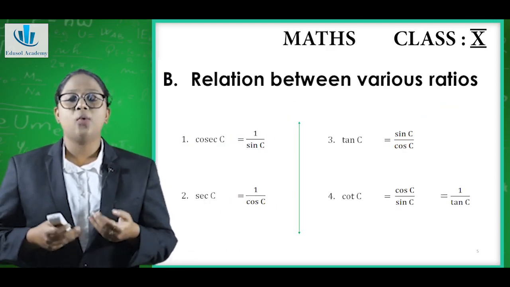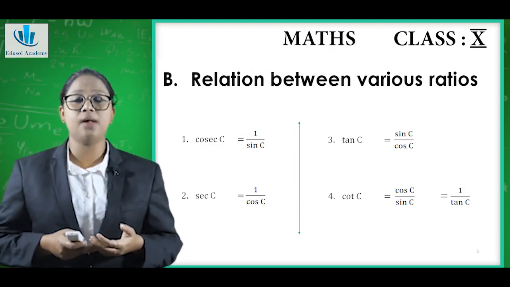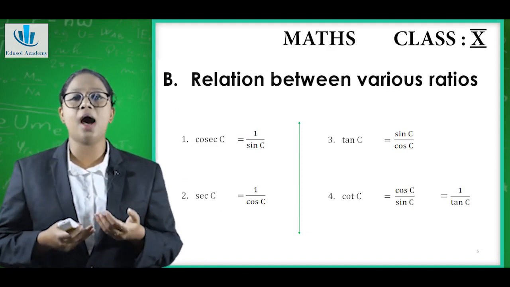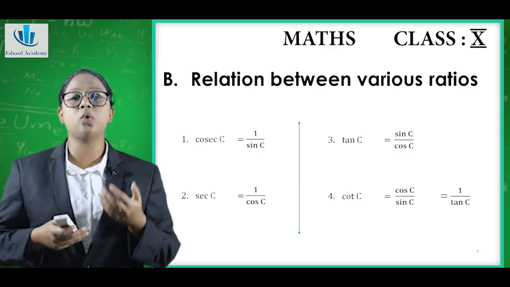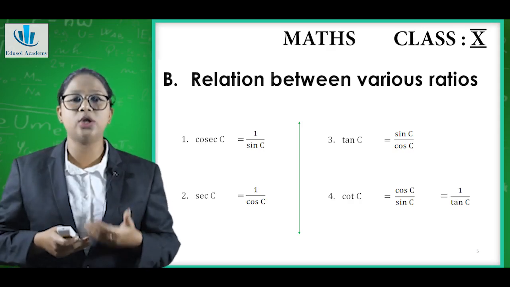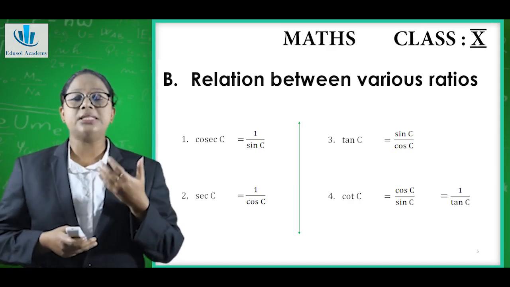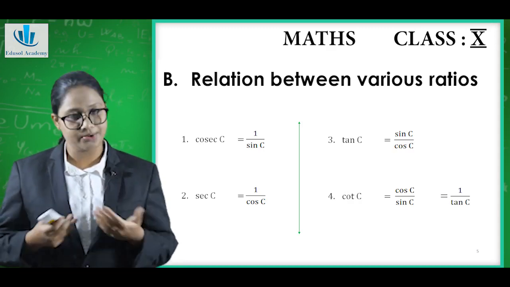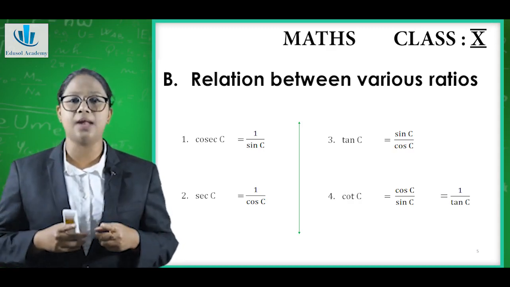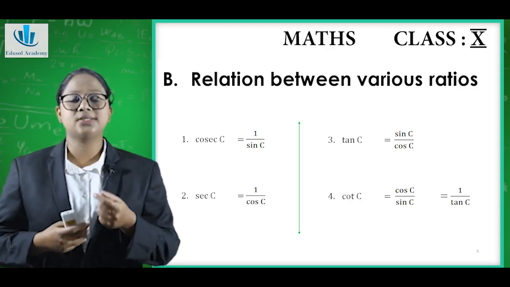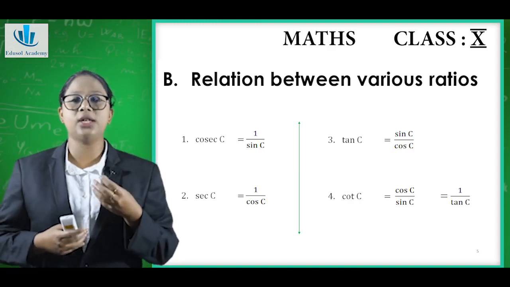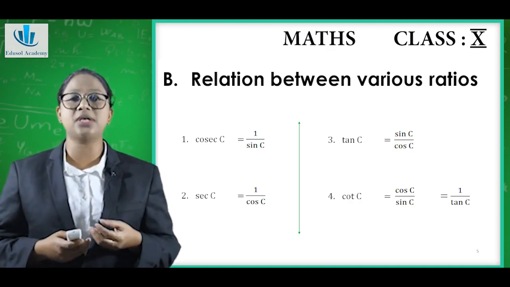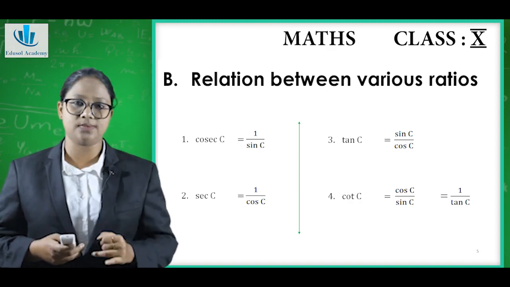Moving on, we have 6 ratios here, and most of them are related to other ones. So let's see how we can express the ratios in terms of other ratios. Not all ratios can be expressed in terms of others. Those ratios that cannot be expressed in other terms are sine and cos.